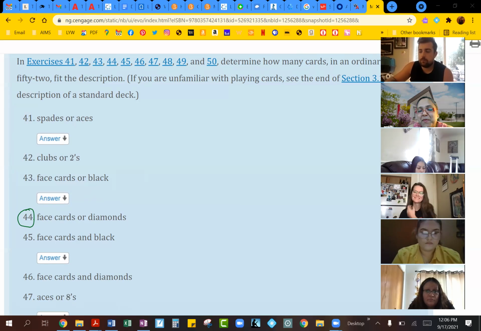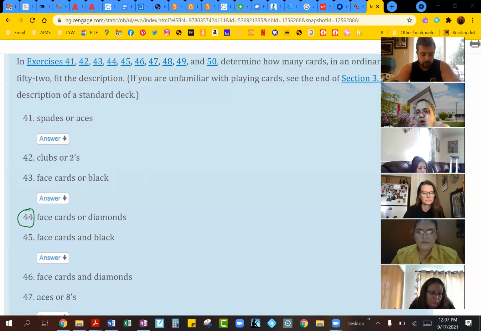And that's why I was hoping some of you would come up with an answer, because if you are unsure, then think about how your calculation will change. So how many total face cards do we have in a deck of cards, thinking about all the suits that are available? What would you say is the total number of face cards that we have?